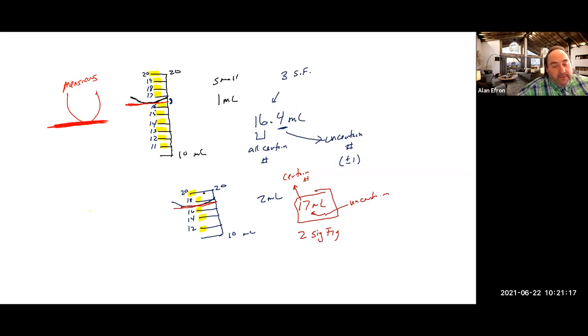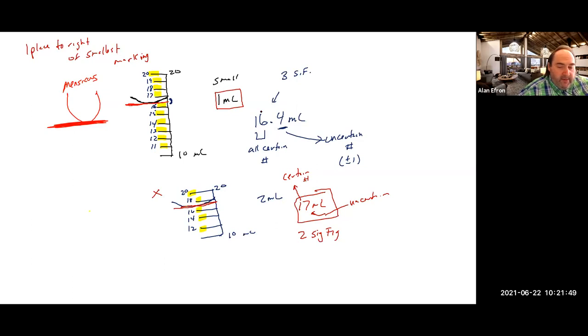So it's really important to look at your scaling on things when you take measurements. And what you typically do, outside of say this example, is go one more place to the right of the smallest marking. So what does that mean? Well, in this case, the smallest marking was 1 milliliter.